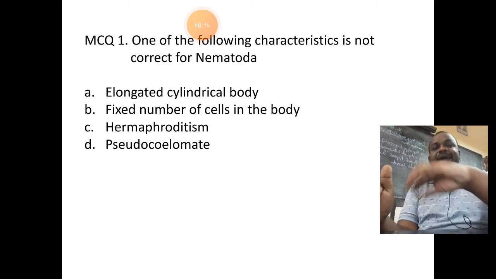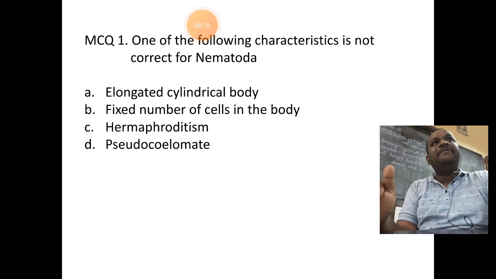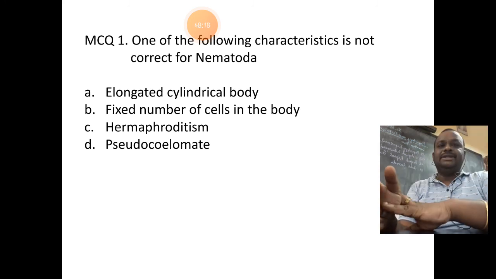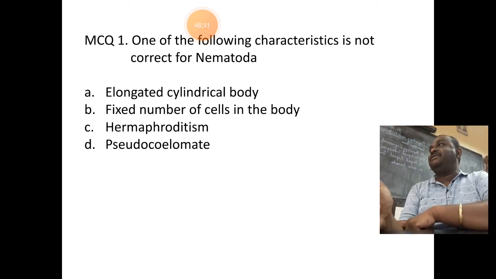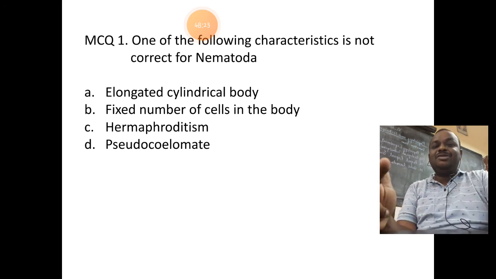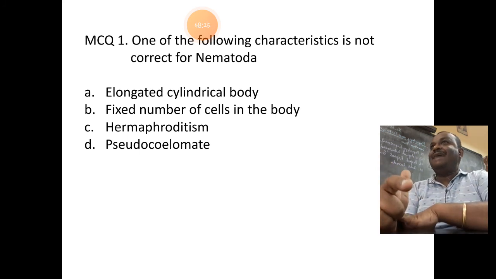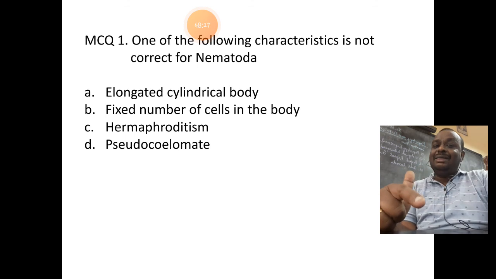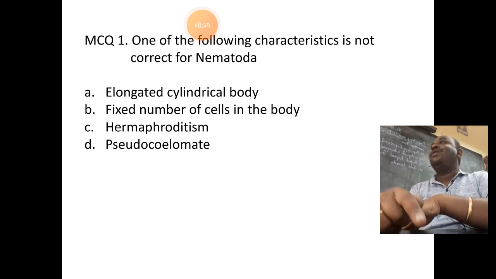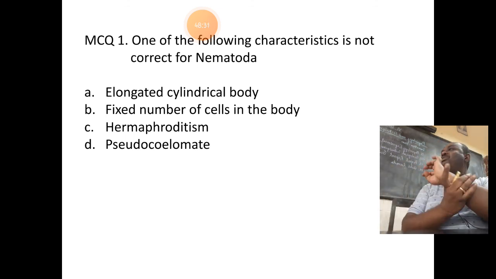For example, the digestive system will have a fixed number of cells in a particular organ. That is also another characteristic feature. Then they are pseudocoelomates, they have pseudocoelom. Then they are hermaphrodites.